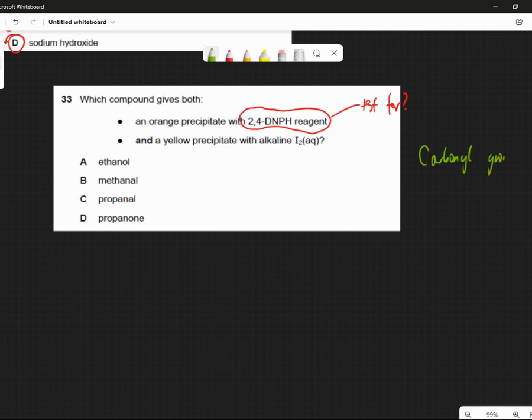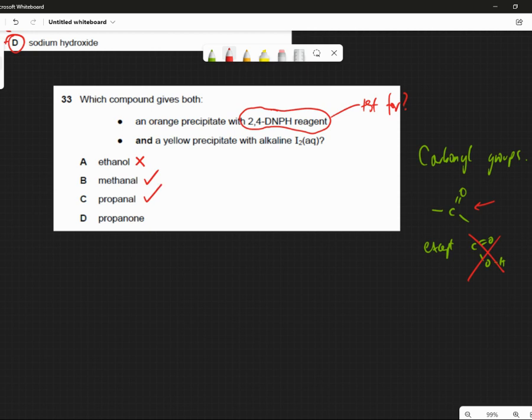Carbonyl groups. Yes, aldehydes and ketones. So if you've got this group in the molecule, it will react with 2,4-DNPH, but it won't react with carboxylic acids, even though it looks like it's got the group. They only react with pure, nice carbonyl groups like that. Ethanol doesn't have a carbonyl group. Methanal does. It's an aldehyde.